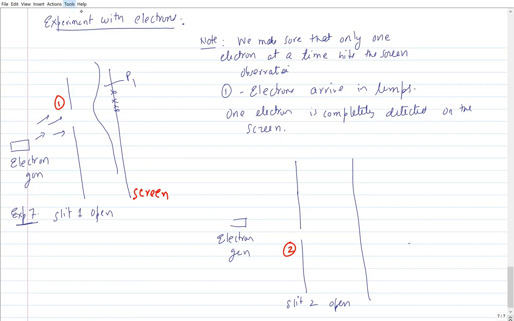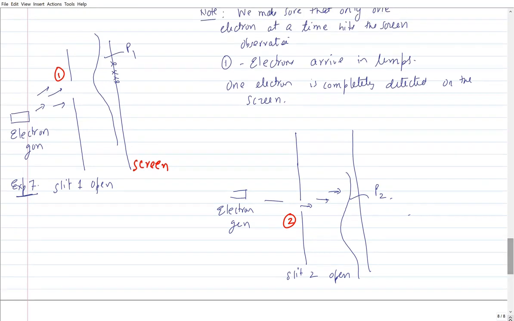And as I am firing electrons, I get clicks and I plot the histogram, which looks like P2, exactly the similar thing I observed in the case of the bullets. Now I do my final experiment, experiment 8, where I open both the slits.